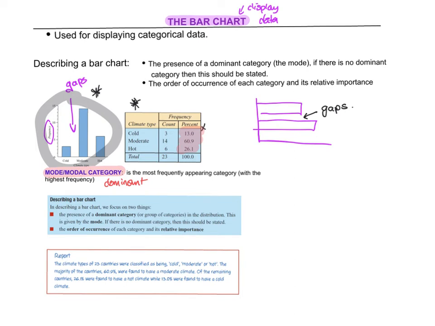So that's all you have to say. When they say report, you say which is higher, go to the lowest, giving a stat. We're using stats and just saying what's dominant and what's not.